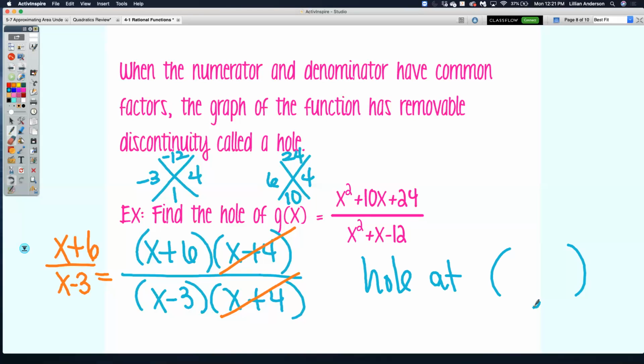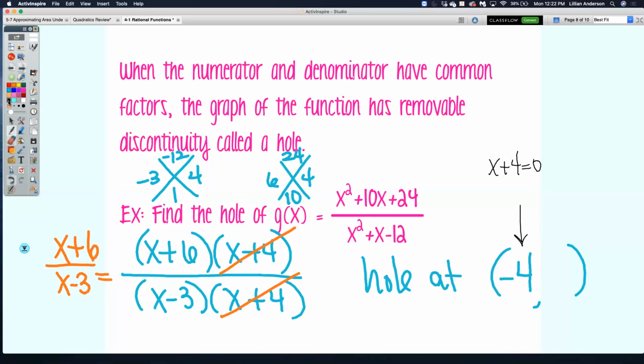You find the x coordinate of your hole by setting the common factor equal to 0. I'll say that again. I find the x coordinate of my hole by setting my common factor equal to 0. So when I solve, what do I get? Negative 4. That is the x coordinate of my hole.